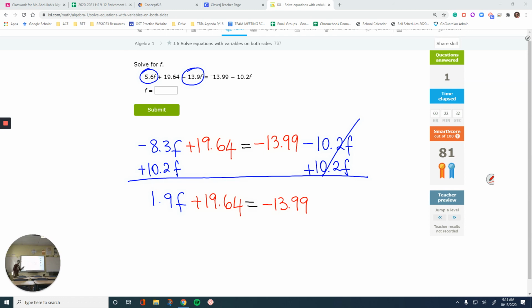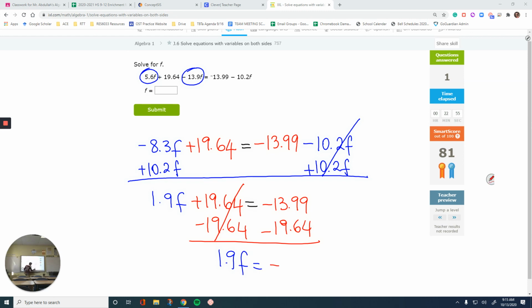So, the next step is putting the red ones together. This is added, so I need to subtract it from both sides. Now, that's the left side, 1.9f. And then let's combine these two.